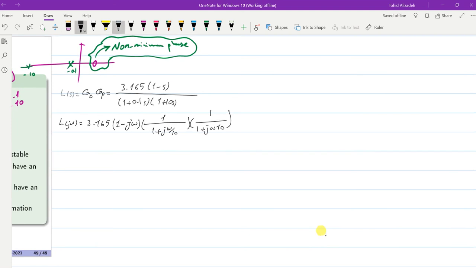And to draw the Bode plot, we can draw the amplitude and then the phase plot for each component separately, and afterwards we just add them to each other.